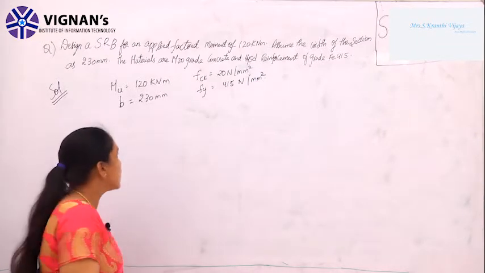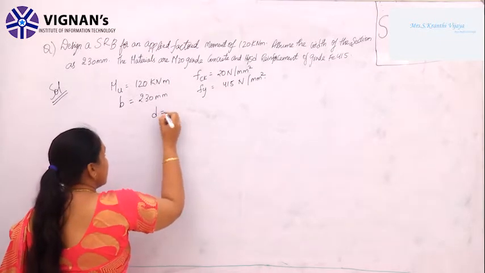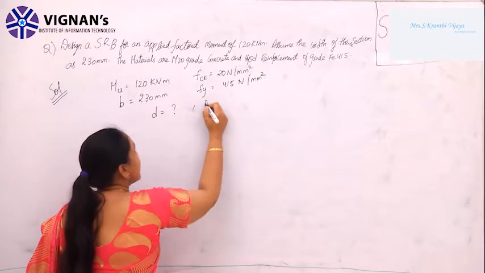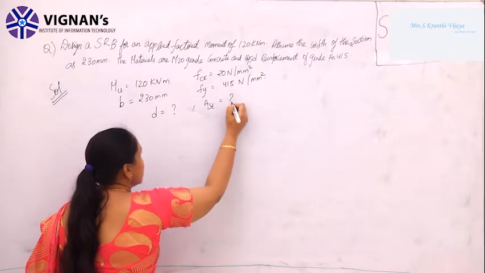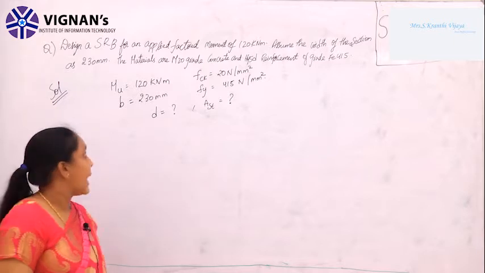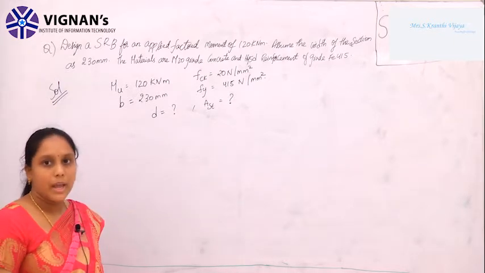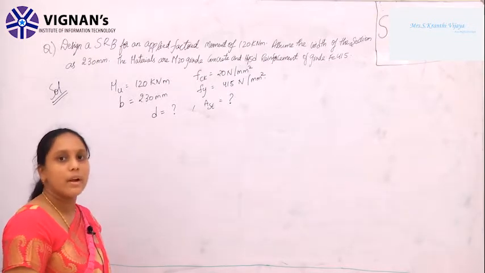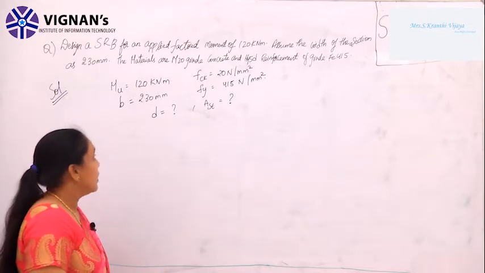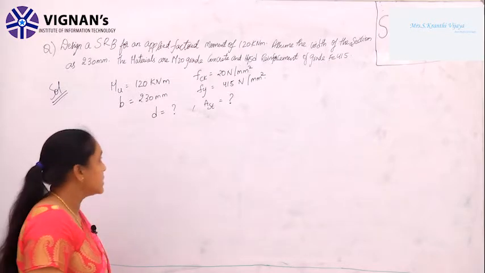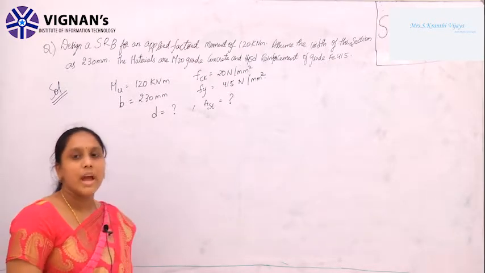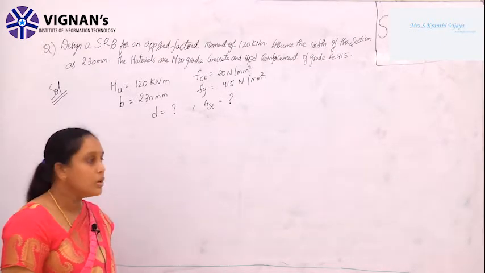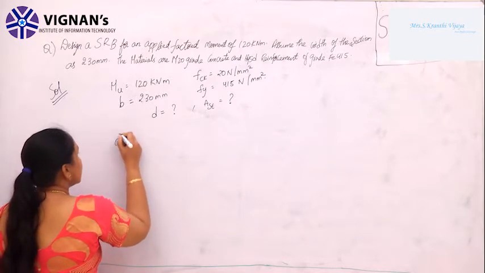So, what are the unknowns here? You have to find out the effective depth and the area of steel required for carrying this particular moment Mu. So, what is the first step you have to follow? The first step is to find out the effective depth considering the balanced condition. Previously we have already seen the formula for calculating the effective depth.